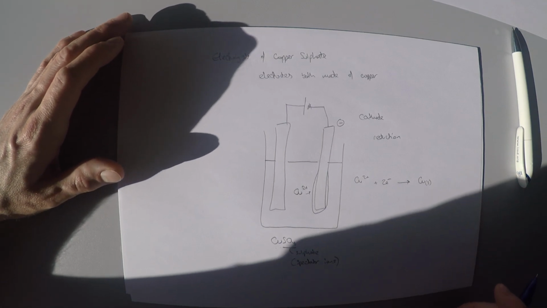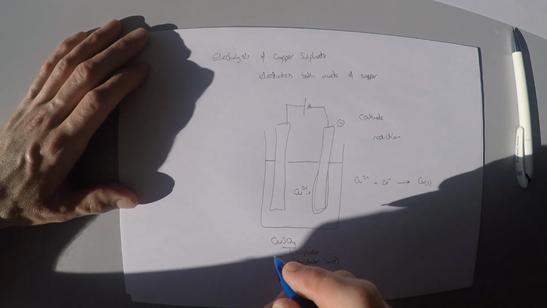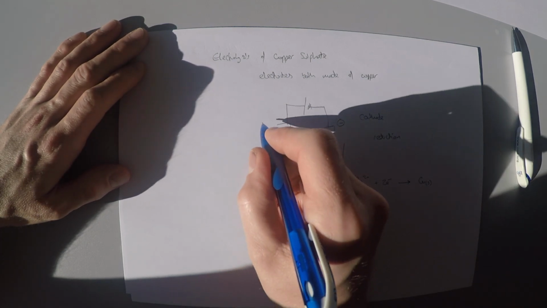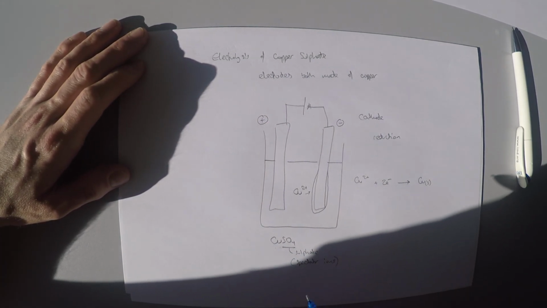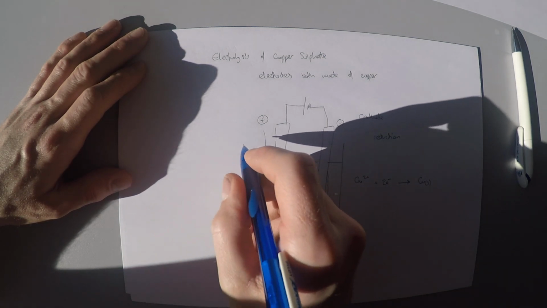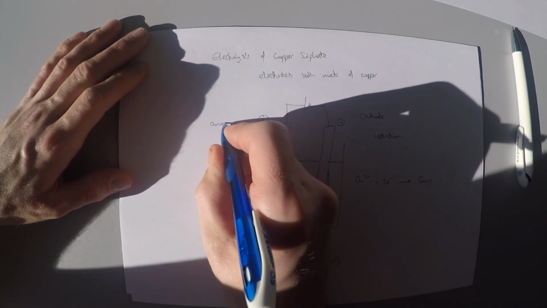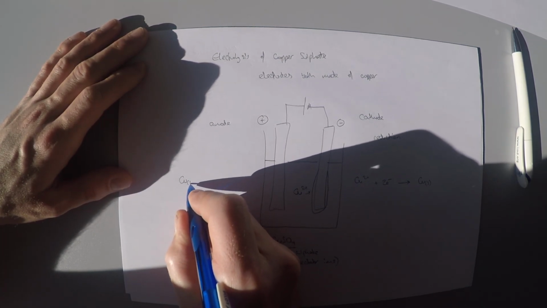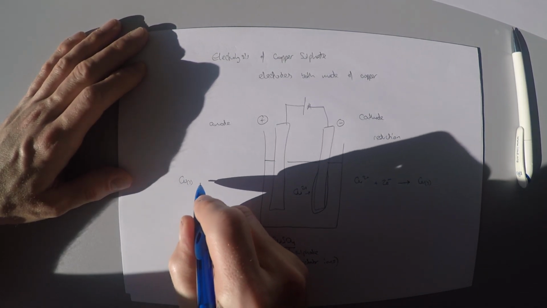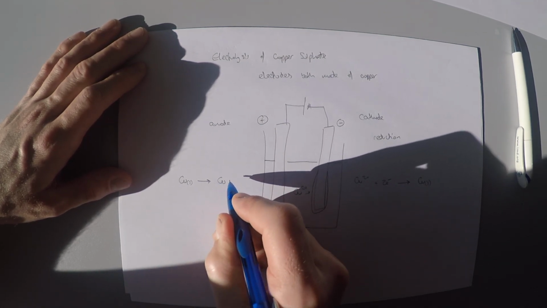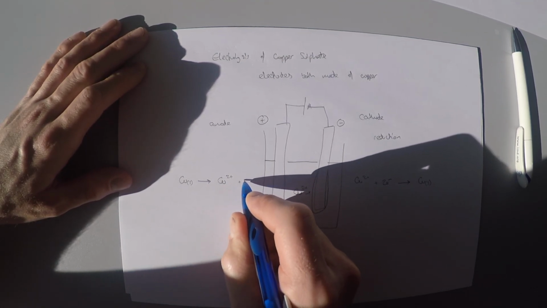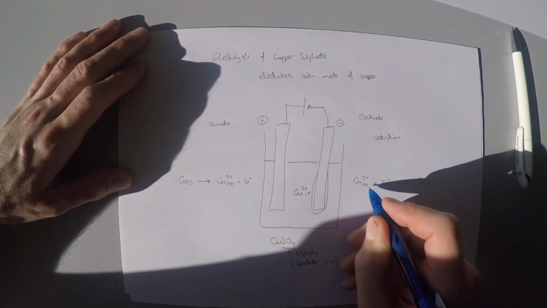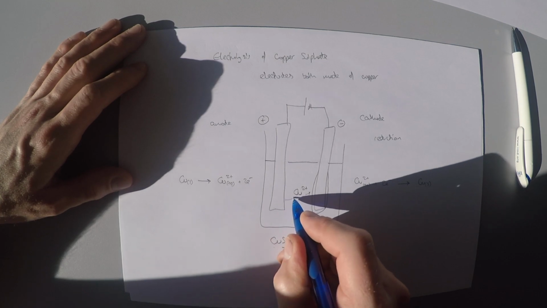Now, that doesn't make much difference at the cathode, but at the anode, if the electrode itself is made of copper, the copper can be oxidized. So what happens at the anode here is that the copper metal, which the electrode is made out of, will lose its electrons and turn into ions.